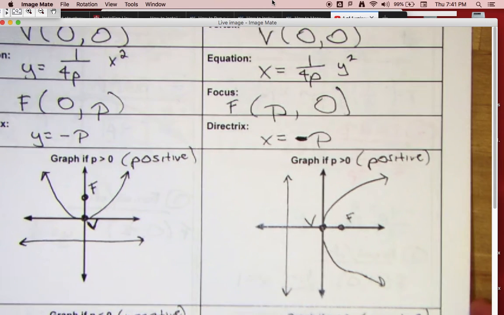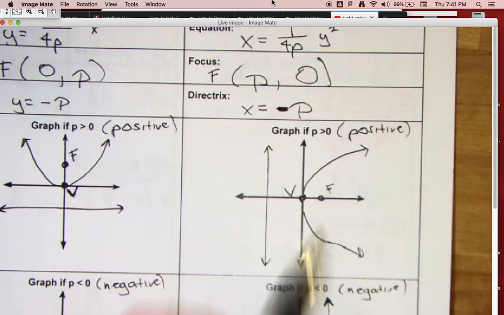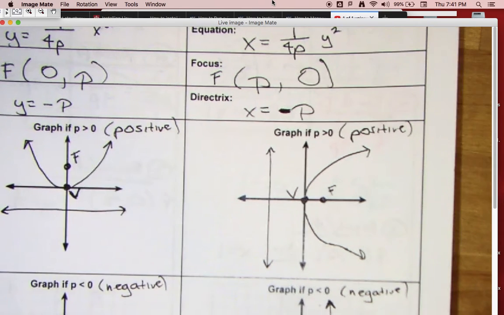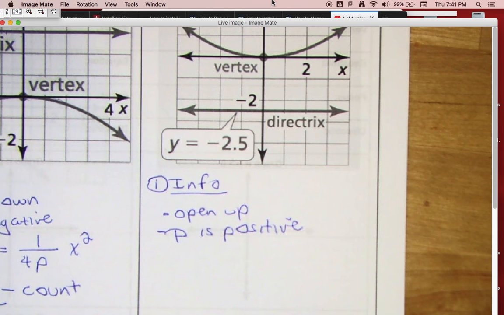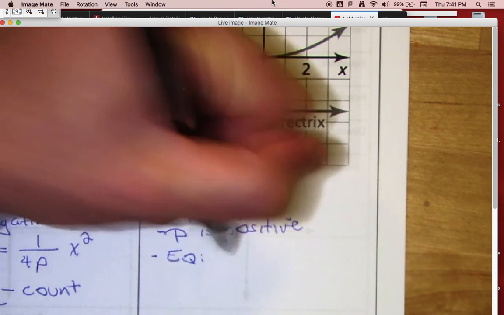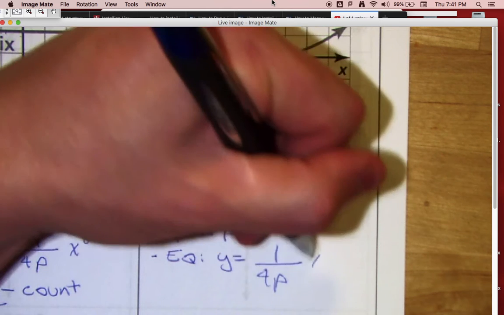We're going to use the same form here. Now keep in mind, if you ever have one that opens left or right, you're going to use this form over here. That's the only difference. All right, p is positive, and our equation is y equals 1 over 4p x squared.